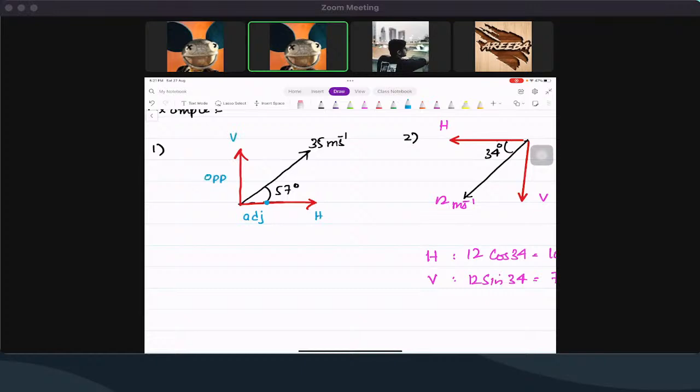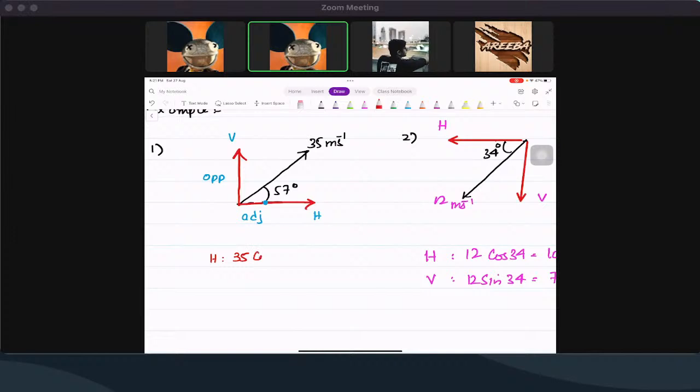Then for horizontal it is going to be 35 cos of 57, that's 19.1. And for vertical it will be 35 sine of 57. Did you get the same answer, Burhan?